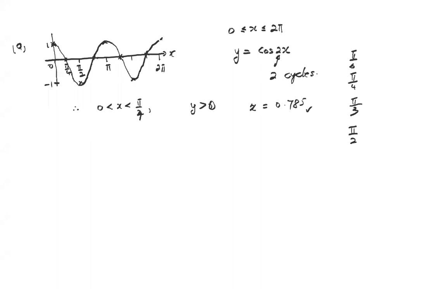So the next range will be, here is pi by 2, plus another pi by 4, this is 3 pi by 4. So it's between 3 pi by 4, you can put in decimal, nothing wrong, then to 5 pi by 4. Then the next one will be 7 pi by 4 to 2 pi. That's it.